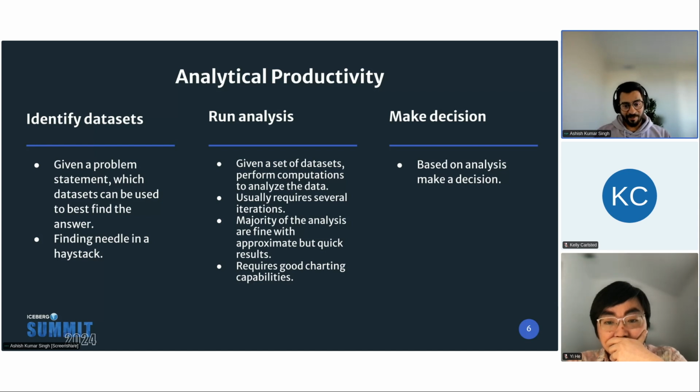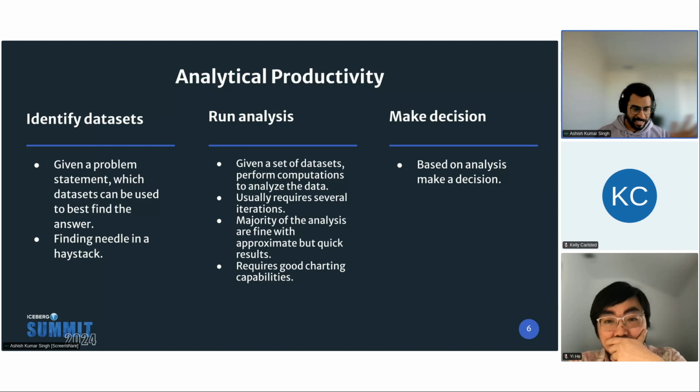Once you have identified the data sets, then you perform a bunch of computations on it. This is where you write queries. You go through it in several iterations. You build charts to look at trends, do a bunch of analysis. And once you have found what you are looking for, you essentially power the business decision based on that. You share the results with different stakeholders.